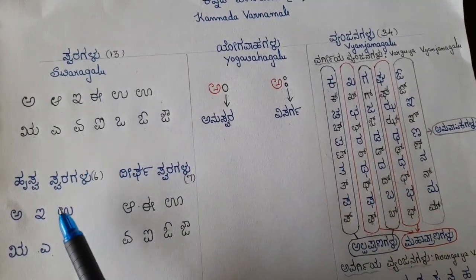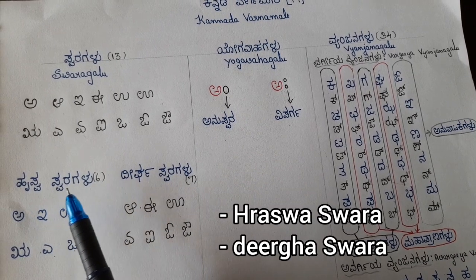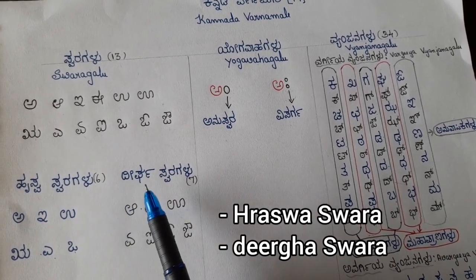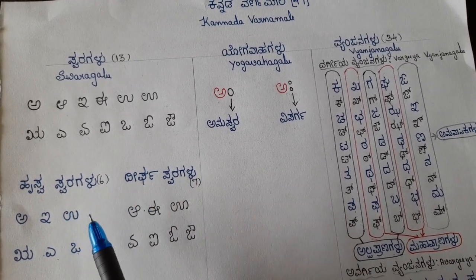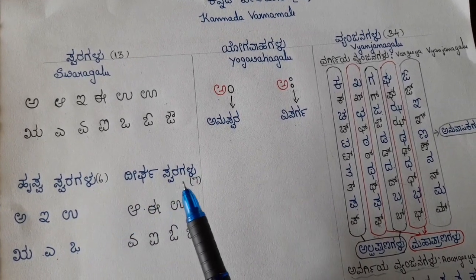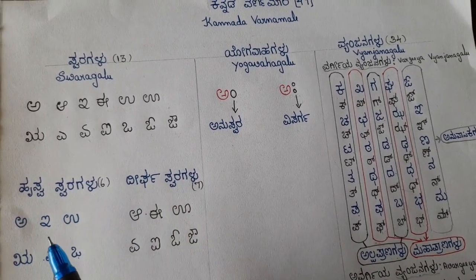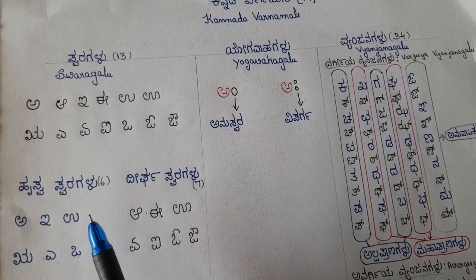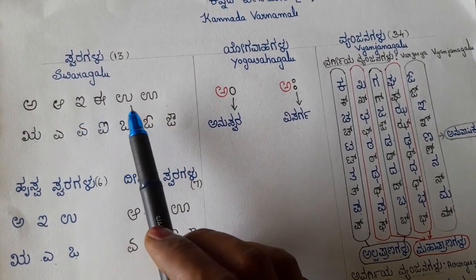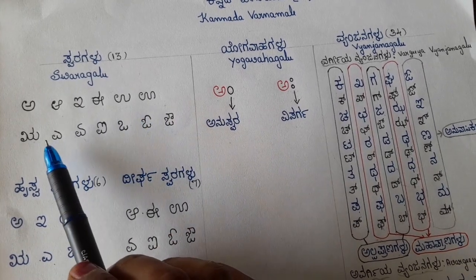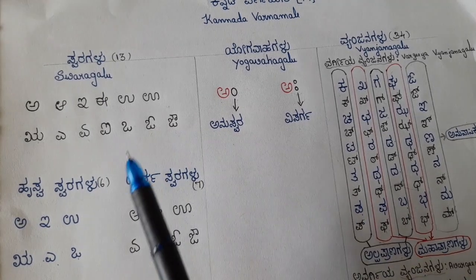Swaragalu are again divided into 2 groups. One is Hrisva Swaragalu, another one is Dhirga Swaragalu. Now this division is based on the time duration of pronunciation. Under Hrisva Swaragalu, you use less time to pronounce these letters, like a, i, u, ru, e, o.